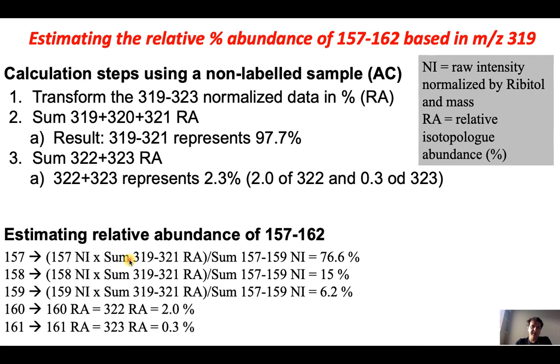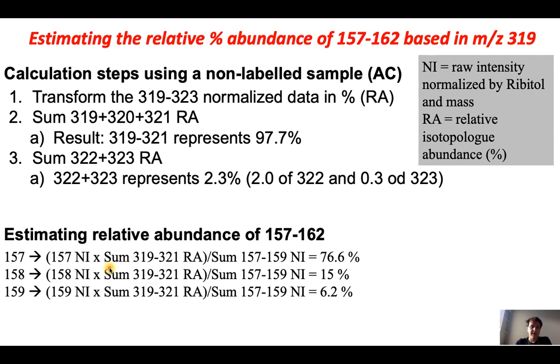So we estimated the relative abundance of 157, 158, and 159 based on this sum here. The sum represents 97.7%, so it is included in the calculation. Then we took the raw data normalized by mass and Ribitol, multiplied by this percentage, and divided by the sum of 157 and 159.